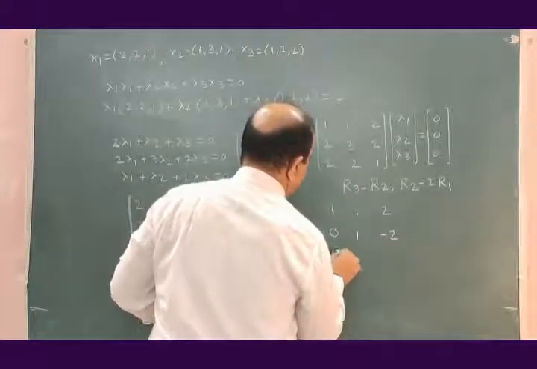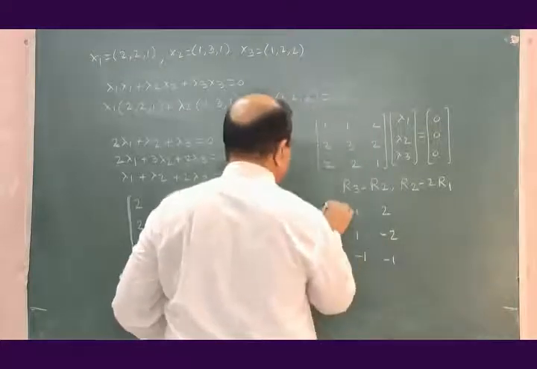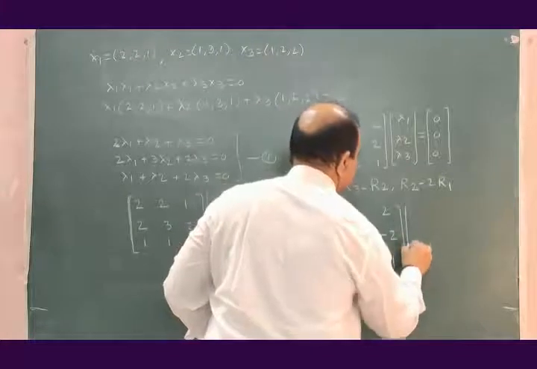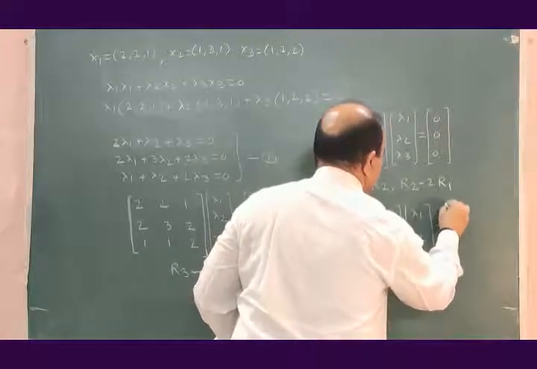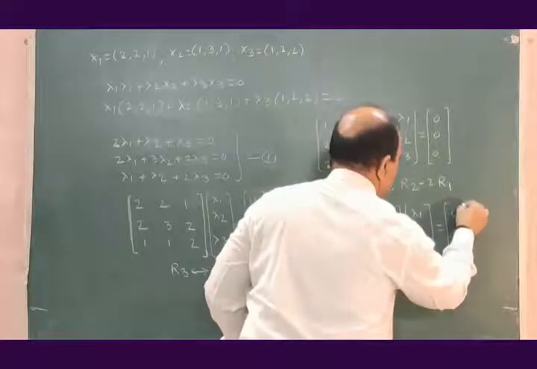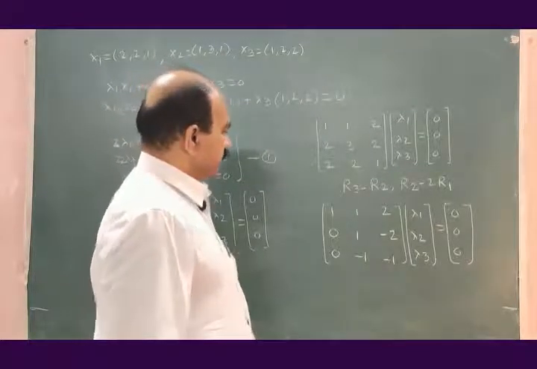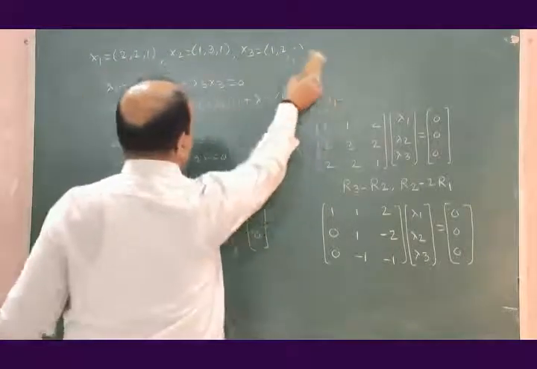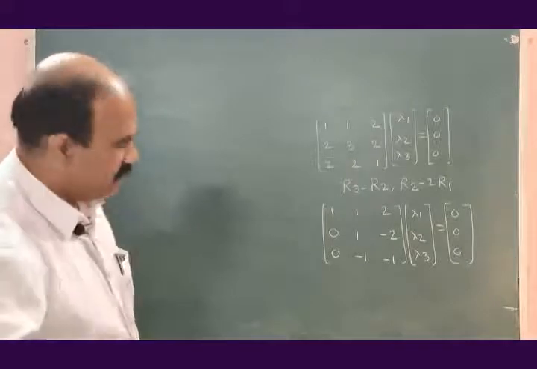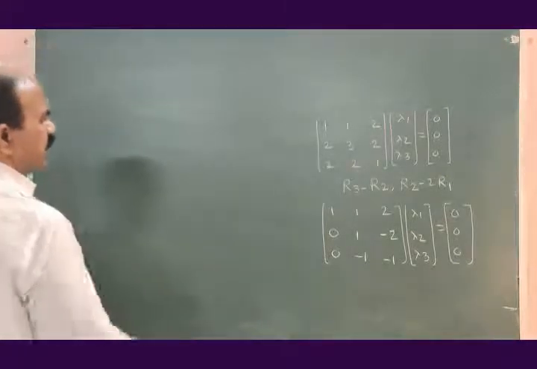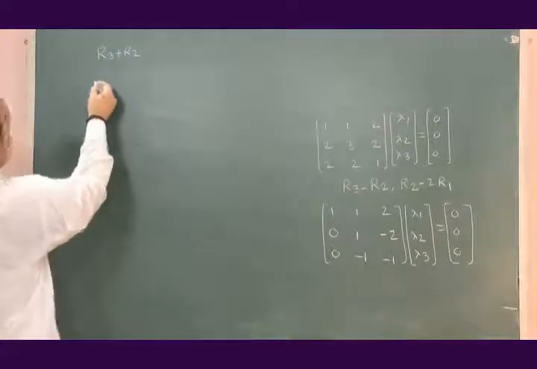R3: 2 minus 2 is 0, 1 minus 2 is minus 1, and so on. Now, let me go for the next transformation, which is R3 plus R2, and we will get the reduced form.